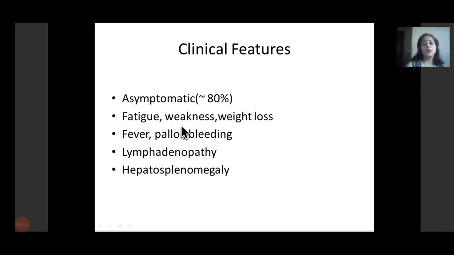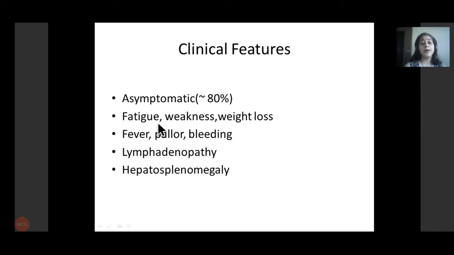Then we have another group of patients who can have fatigue, weakness and weight loss when the mass of atypical lymphoid cells increases in the marrow and peripheral blood, or there could be involvement of the lymph nodes as well, or organomegaly.